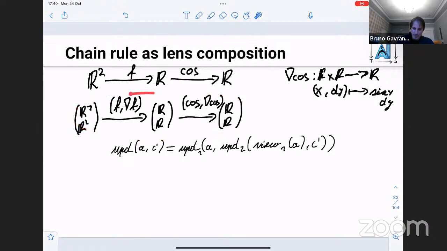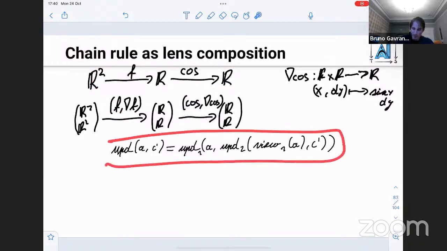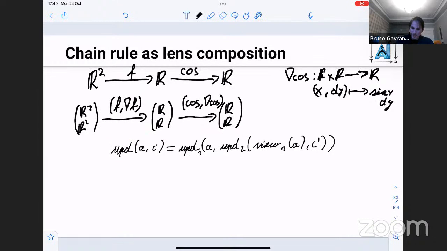Now the composite lens of these two pieces is going to have the forward part equal to the composition of f and cosine, which is quite non-controversial, but the backwards part is going to be quite involved and given by this formula, where instead of update 1, we're going to have the gradient of f. Instead of a, we're going to have x1, x2.